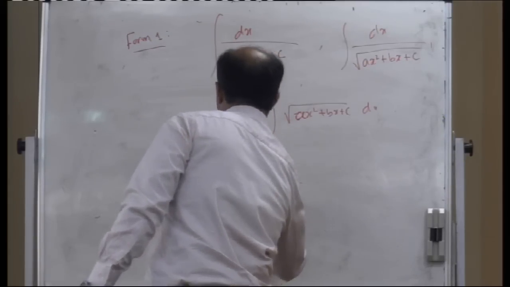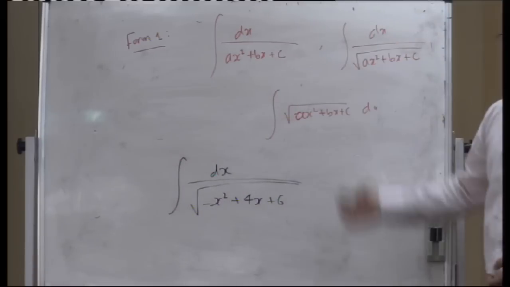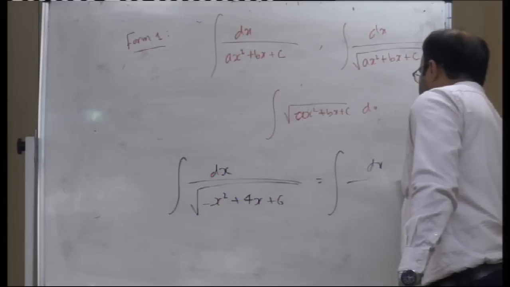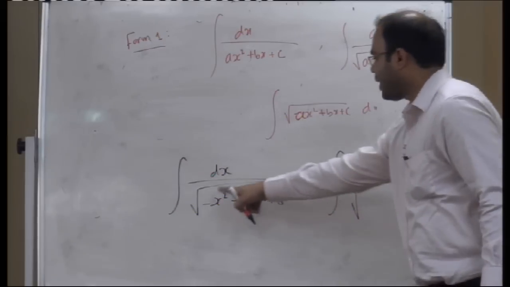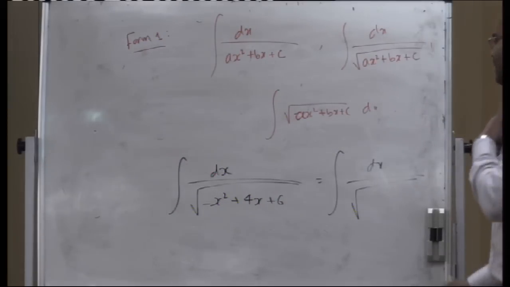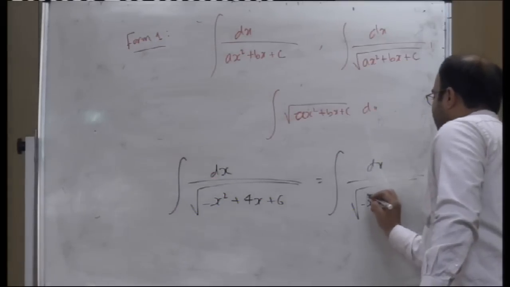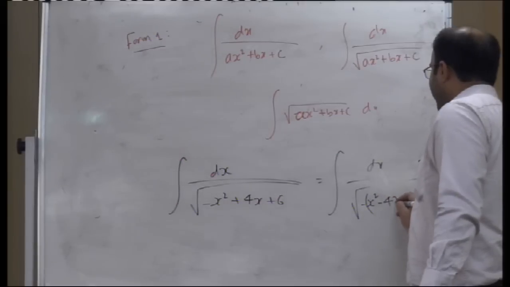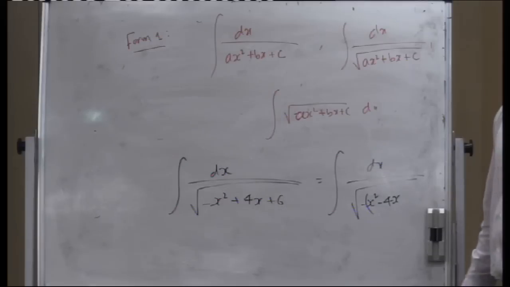Now this is of the form 1. You will do it like this, dx upon root over, this can be made a perfect square like this: minus x square taken as common, and then minus 4x you have to write as plus 4x. You know how to make a perfect square in a quadratic equation.